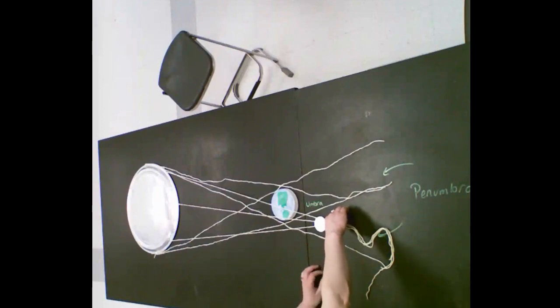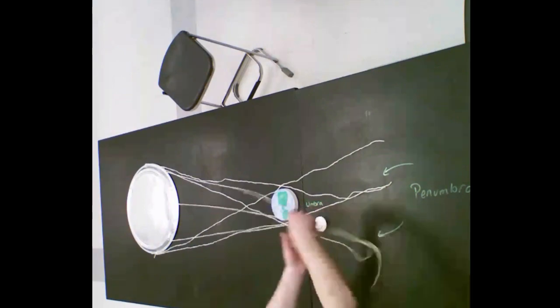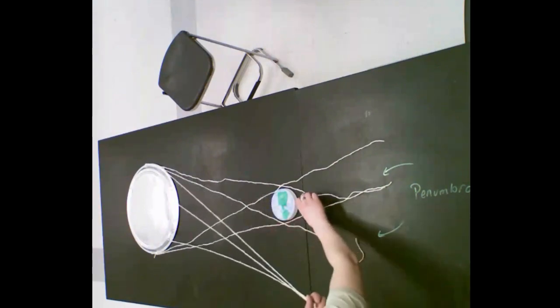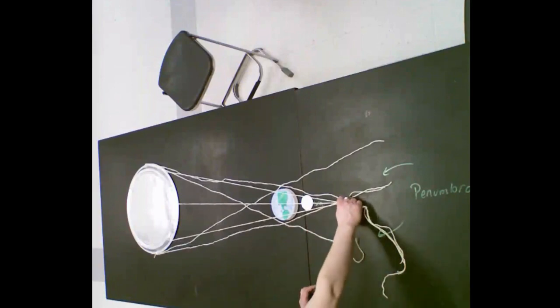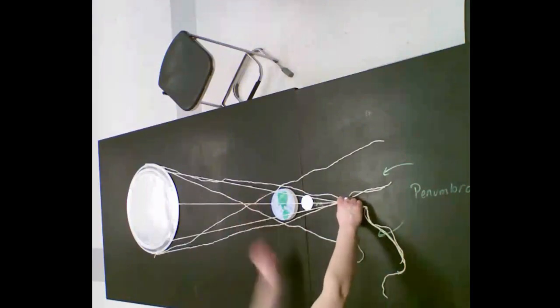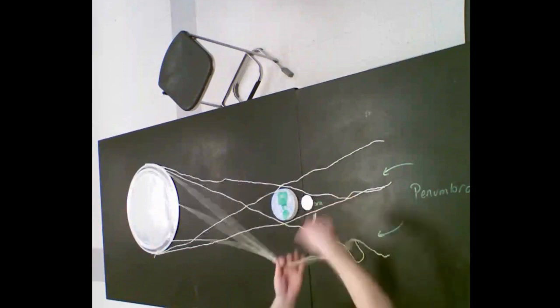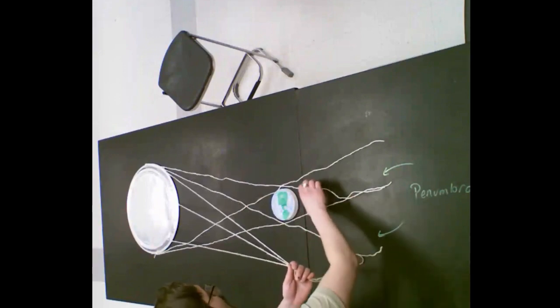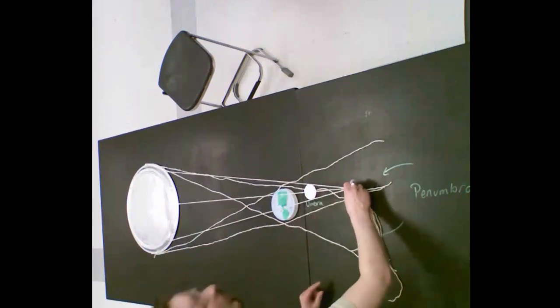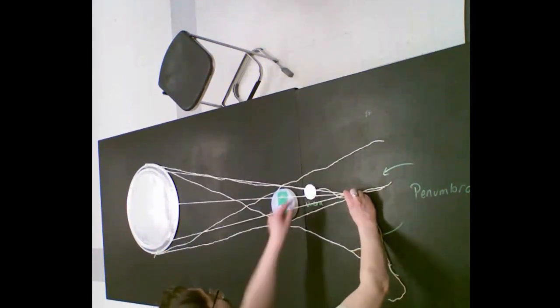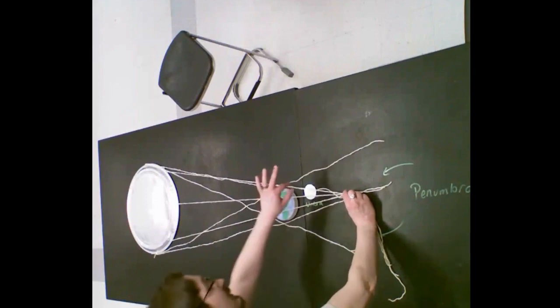It means that this dim shadow is on the moon, meaning the moon will dim. The moon can also be in the umbra. And when it's in the umbra, if any light tries to reach it, it can't, because the Earth is blocking it. And if it's in the umbra a little bit, it's a partial eclipse. So you get this dark shadow, and then you get a light piece.